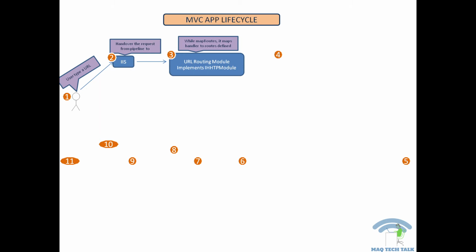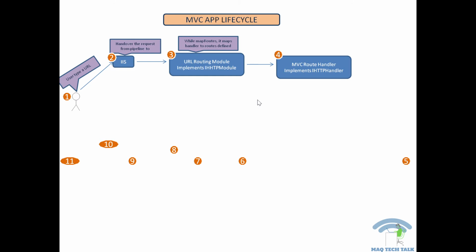It is because we do not configure our application to use only one view engine, since by default it uses both view engines, ASPX and CSHTML. So it also slows our application if it is using both and we do not require both. In 90% of cases we use only CSHTML files. So here it maps the handler to the route defined.